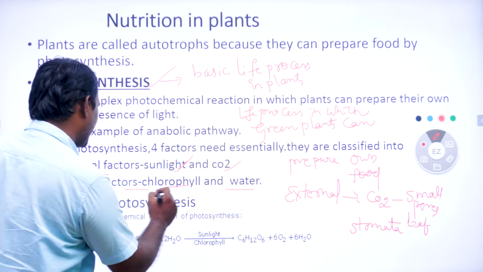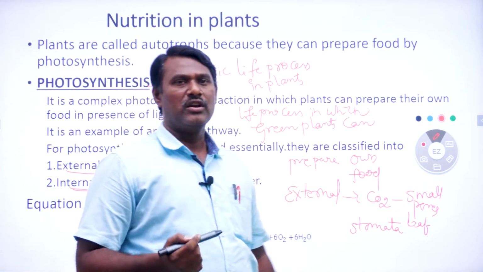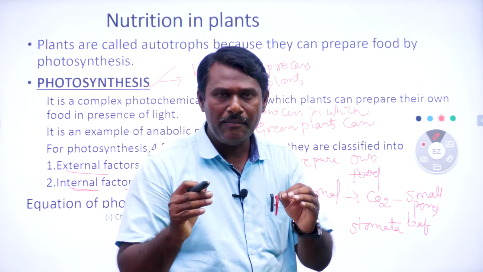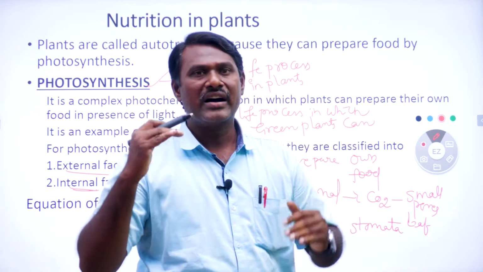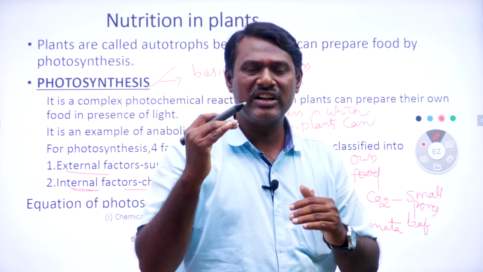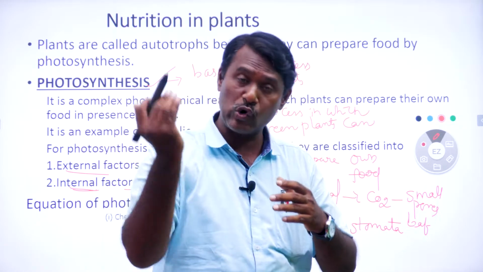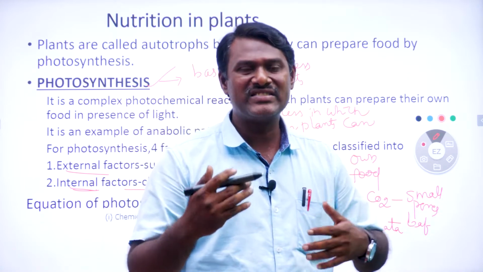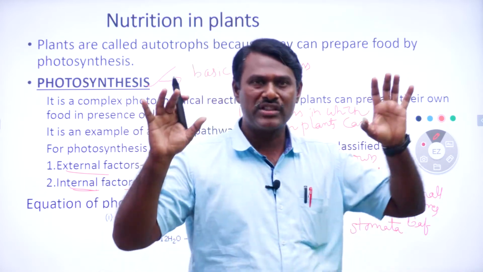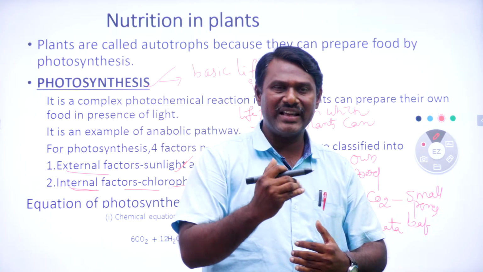Next, internal factors, which include chlorophyll and water. Chlorophyll is the green color pigment present in the chloroplast of the leaf. Chloroplast is a green color plastid present in the leaf, and within the chloroplast, chlorophyll is the essential pigment.